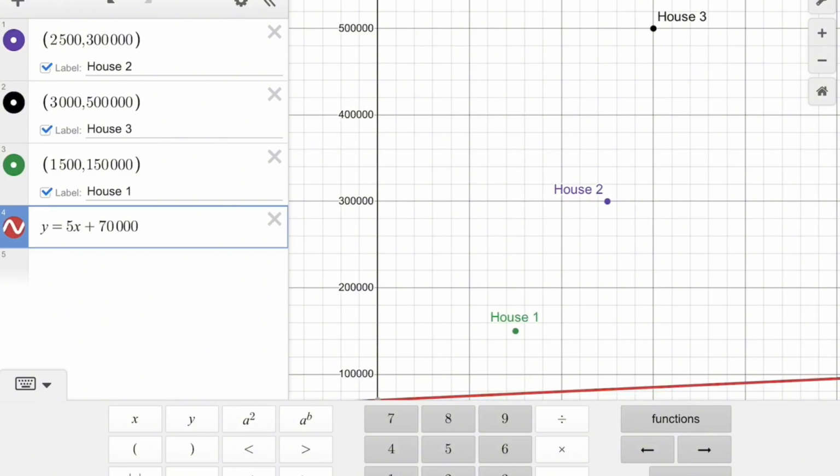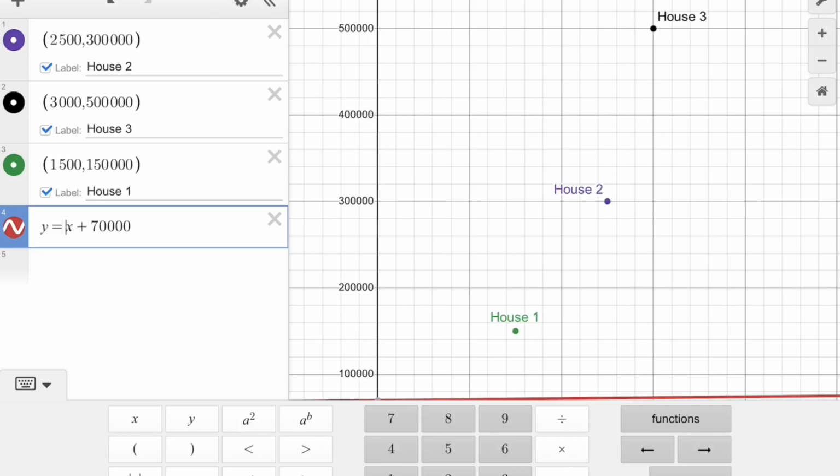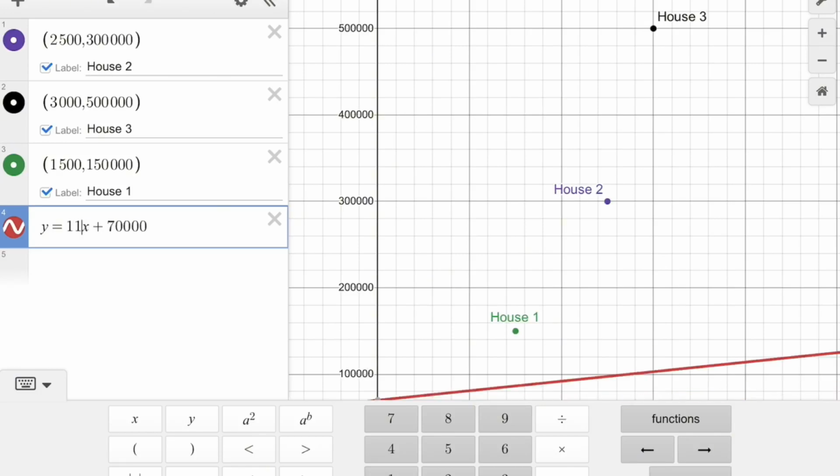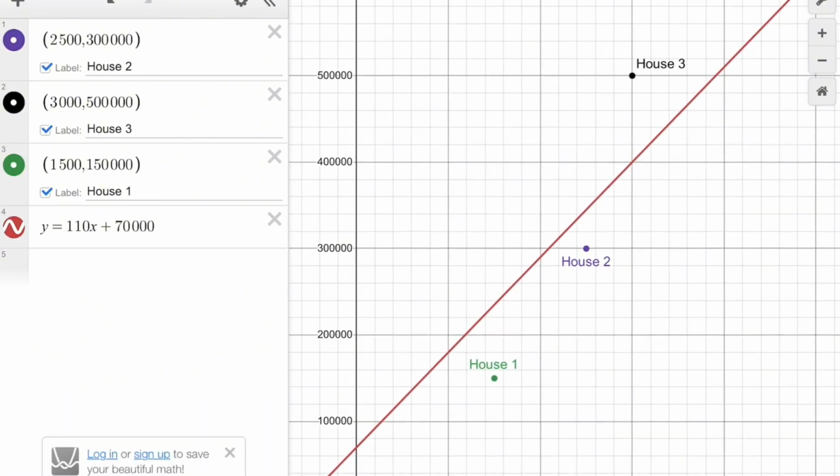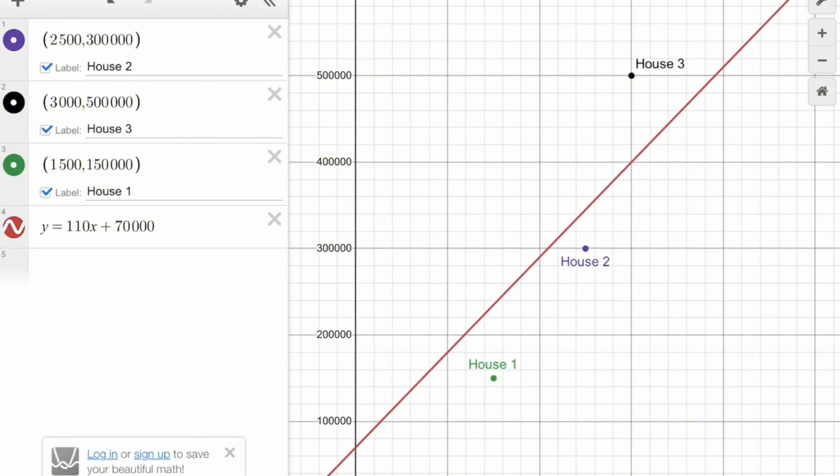And then for w, instead of 5, let's try 100 or 110. We can see when we modify w and b, this linear function now does a pretty decent job of going through all 3 of these points.